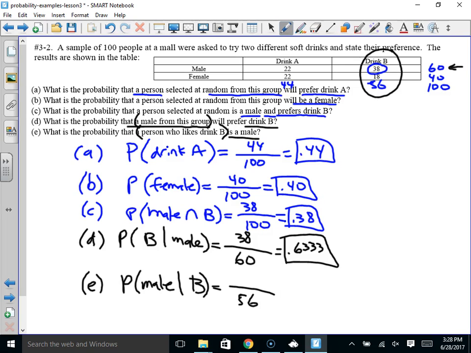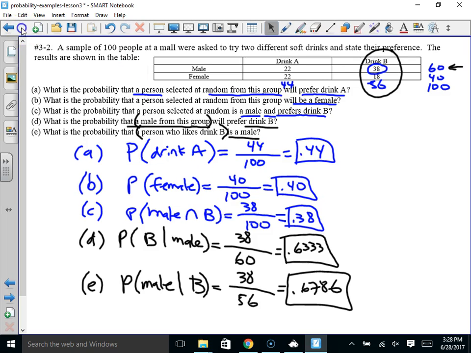That would be 38 again. But this time it's 38 out of the 56, and so that would be 0.6786. So this is a good example to illustrate how you have to be careful about what is the denominator and how tricky it can be from the wording in the statement.